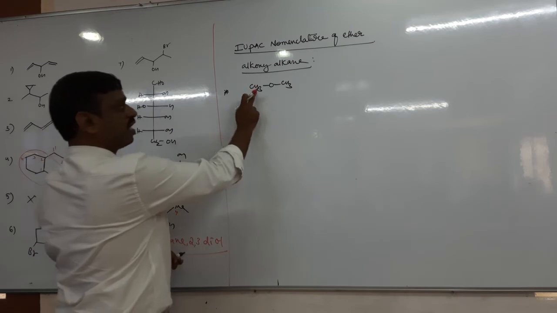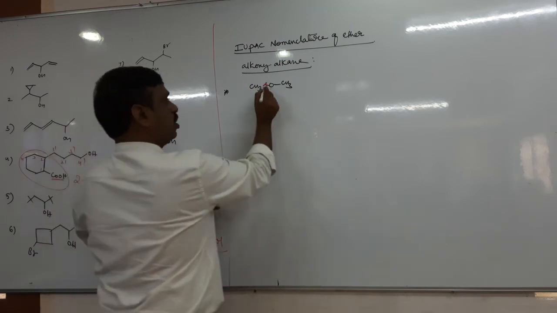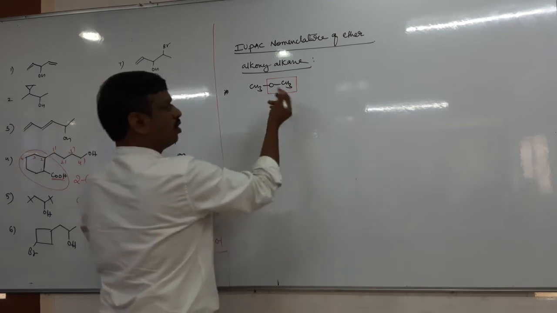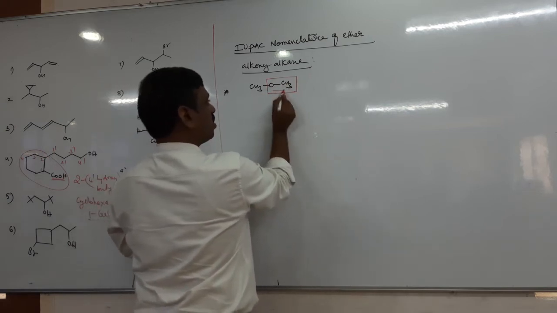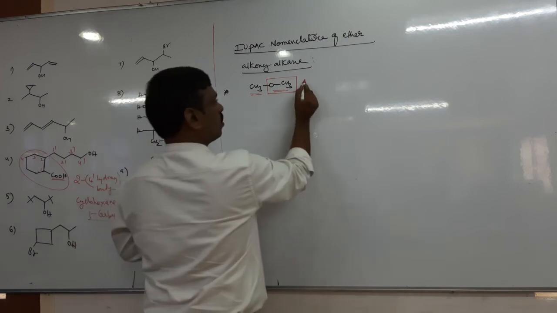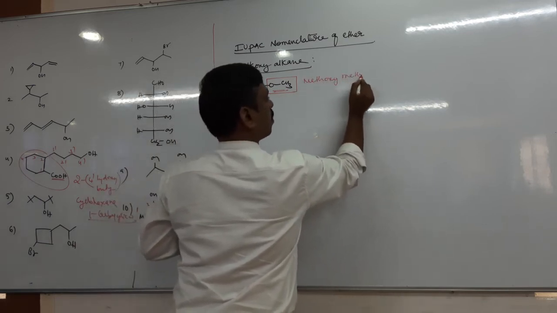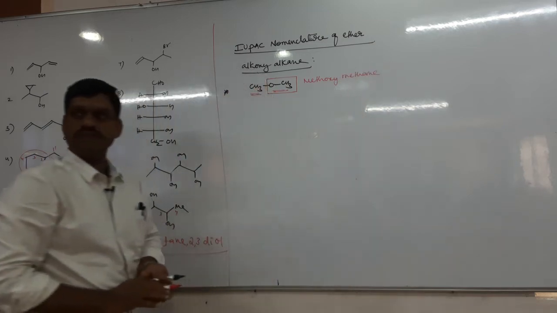But here both methyl groups are the same. Therefore, you can take any one alkyl group as the alkoxy. Okay, it is a methoxy. Since it is a methoxy, this is a methane. So therefore, methoxy methane is the IUPAC name.